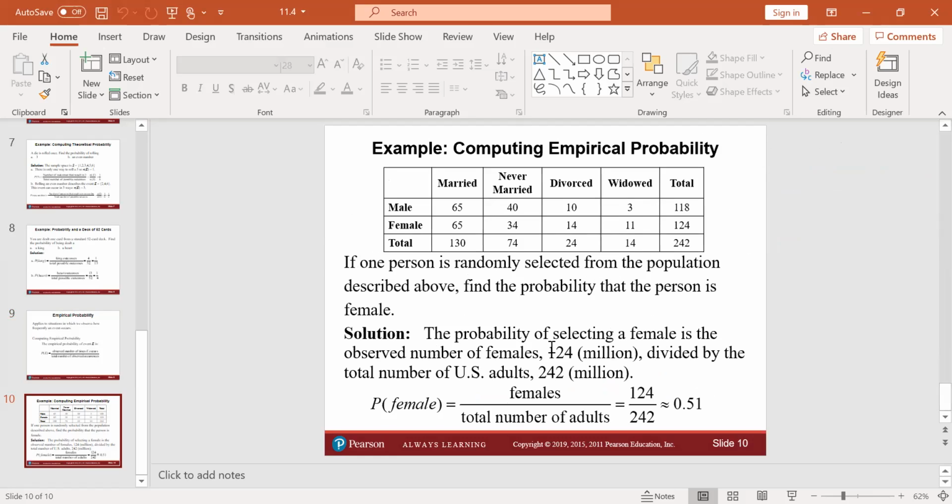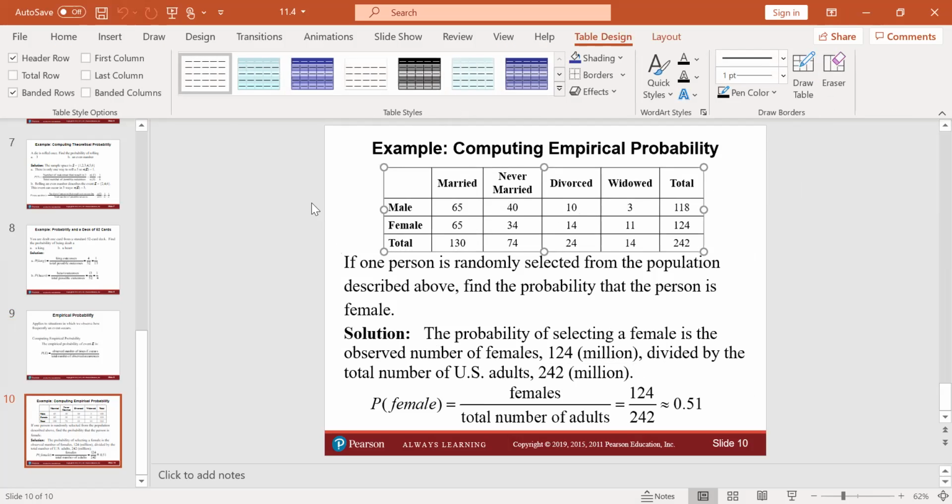It says 242, but let's say there's 242 million really. 65 million of the 242 are married males. 40 million are never married males. 10 million are divorced males. 3 million are widowed males. 65 million people in the adult population of the US are married females, 34 million never married, and so on.